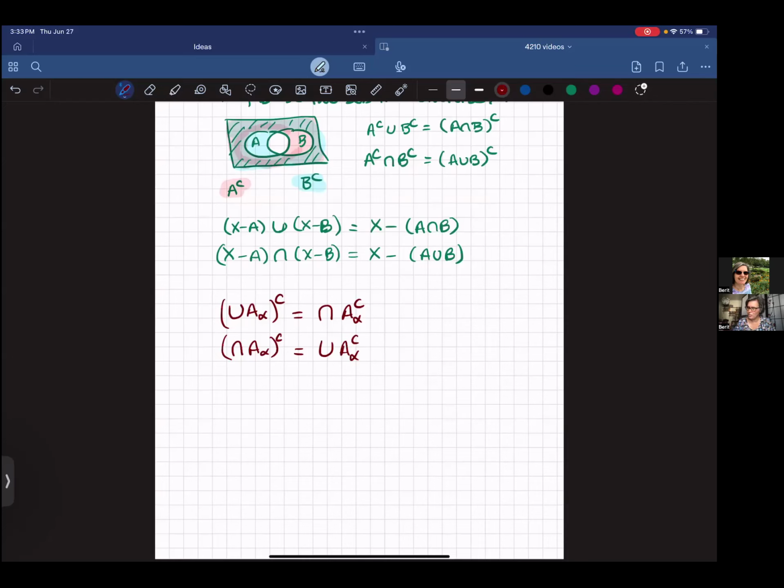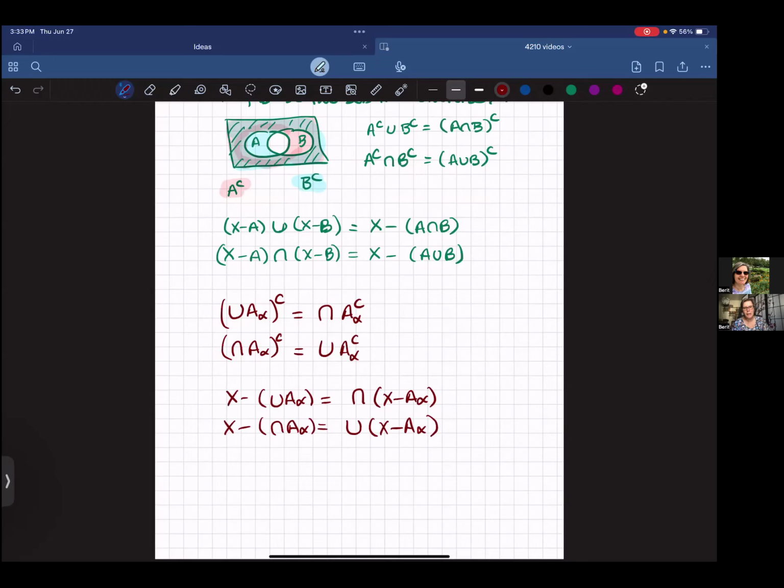Or using the notation that uses universes a little bit more clearly, X minus the union of A sub alpha is equal to the intersection of X minus A sub alpha. And X minus the intersection of A sub alpha is equal to the union of X minus A sub alpha. So just two different ways to write the same thing.